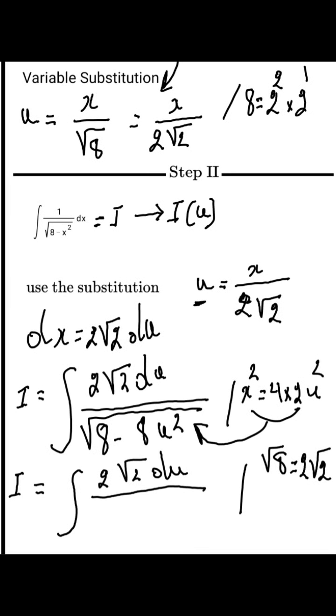So in the denominator I will take 2 root square 2 out, and that will multiply root square 1 minus u square. And we can simplify 2 root square 2 up and down, and we will get the final integral.